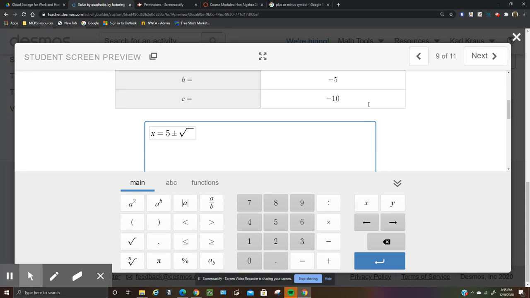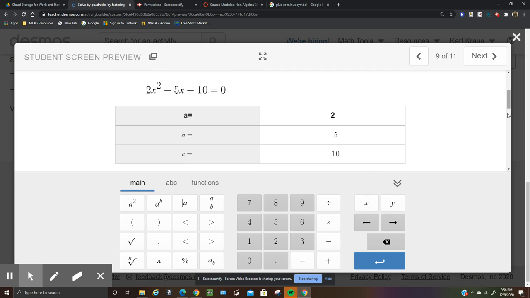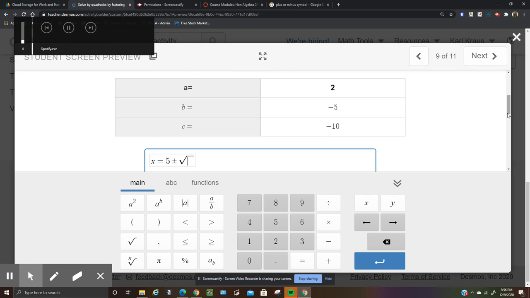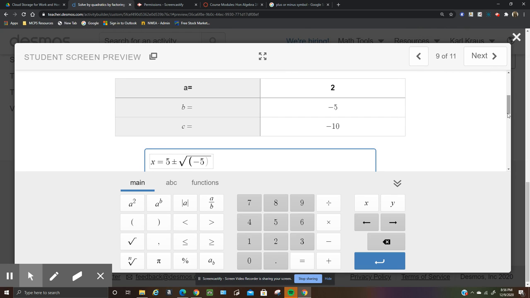And then -5 squared is 25. I'm just going to type that in instead of putting parentheses around the -5 and squaring it. Well, maybe I'll do it just to emphasize that it's actually this. So make sure you're doing this on the calculator as -5 in parentheses squared.